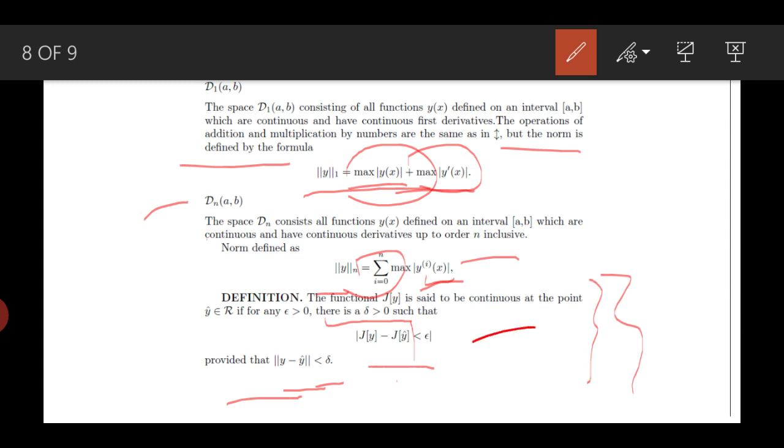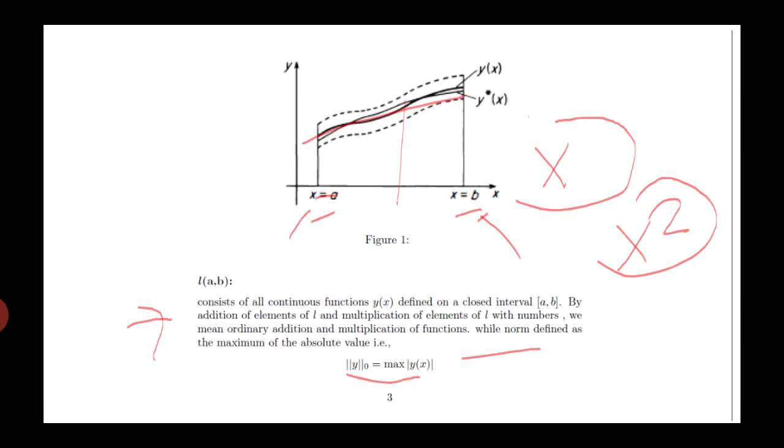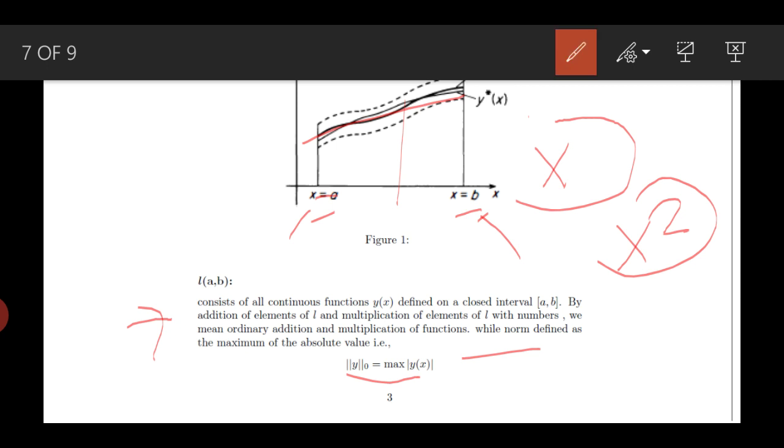I will take this topic of continuity in the second video, but the basic idea is that let us suppose you have a class of functions that are defined on interval a comma b. Let us suppose this is the figure of this curve, and what I choose as a functional is the area under the curve.